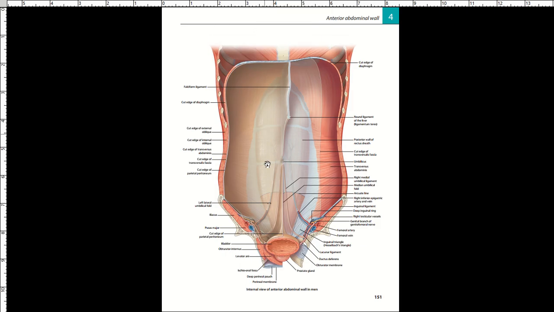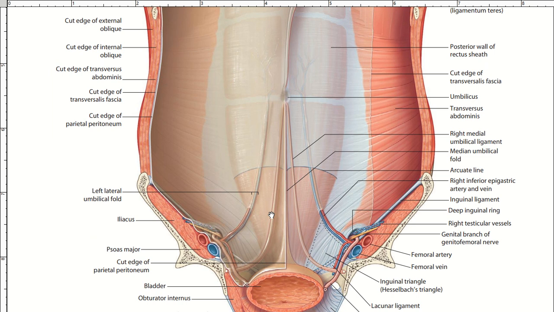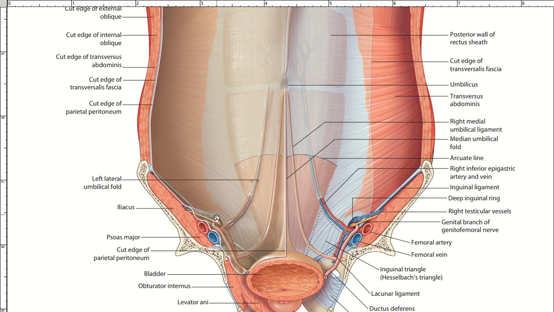Right, this is another beautiful diagram to illustrate that the deep inguinal ring is lateral to the lateral umbilical fold. Let me zoom. You can actually see that this is your deep inguinal ring. We are looking at it internally.